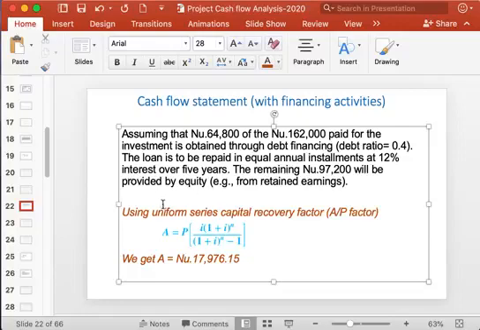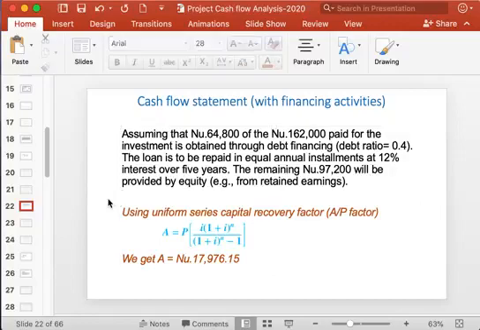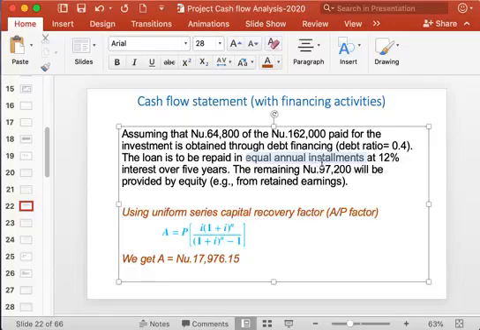So before we actually move on to the preparation of income statement and cash flow statement, first we need to find out the equal annual installment, which is nothing but a uniform series.